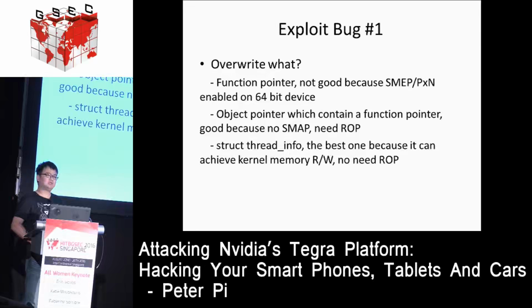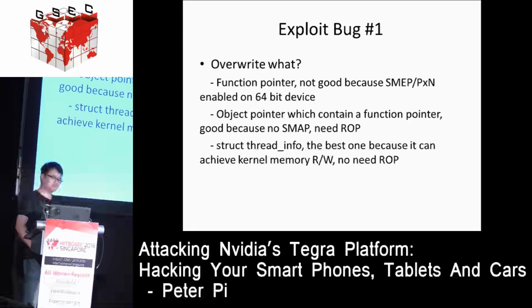We can overwrite a function pointer with, for example, a user space function pointer, and on a 32-bit Nexus device, this is okay, because on a 32-bit device, SMEP or PXN is not enabled. But Google Nexus 9 is a 64-bit device. SMEP is enabled, so this is not a good choice.